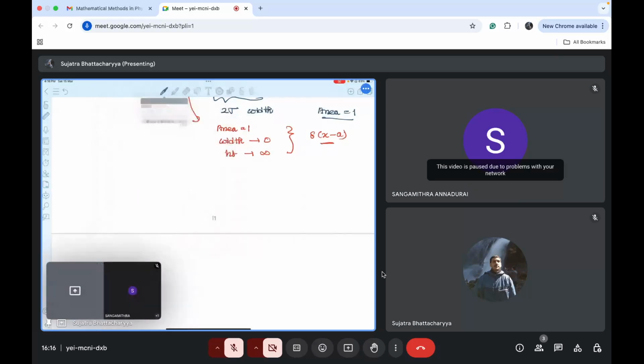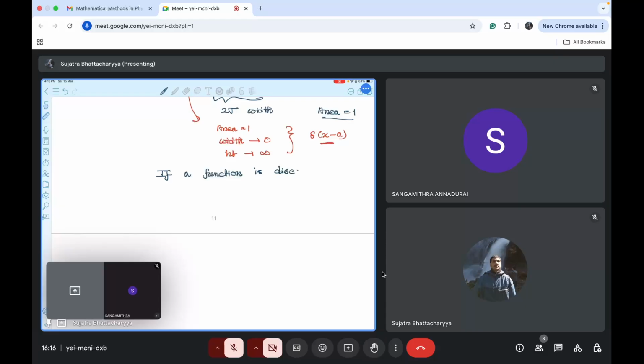Let me just show that if a function is discontinuous at some point, its first order derivative will be a Dirac delta function.